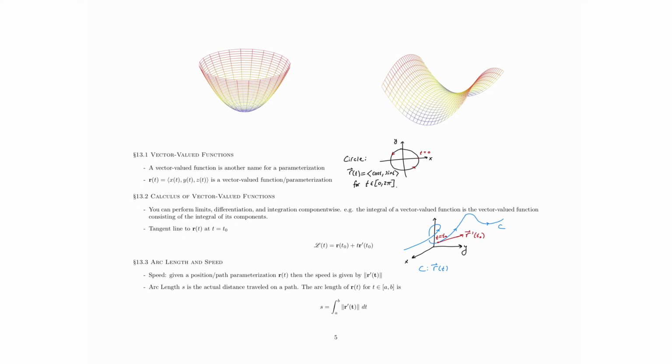Let's say, really, I guess we could call this the velocity vector, which is a tangent vector to the path C at the point corresponding to t naught.